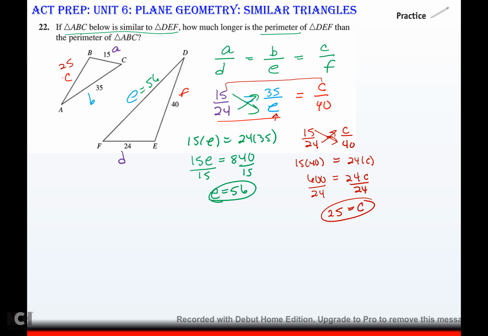So now I'm going to find the perimeter of triangle ABC. That's this guy. So it would be 25 plus 15 plus 35, which is 108 units.